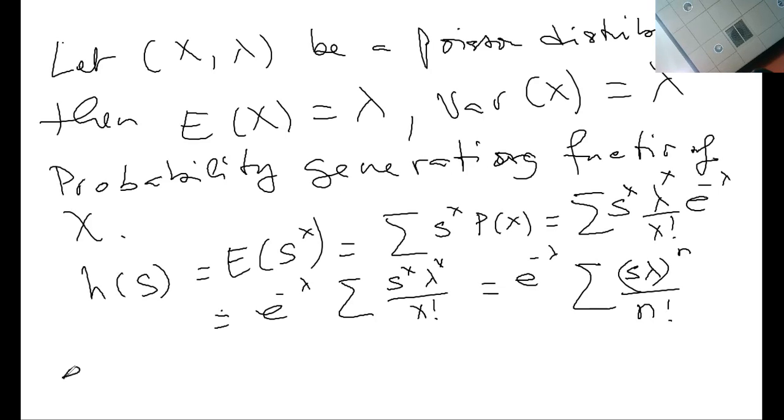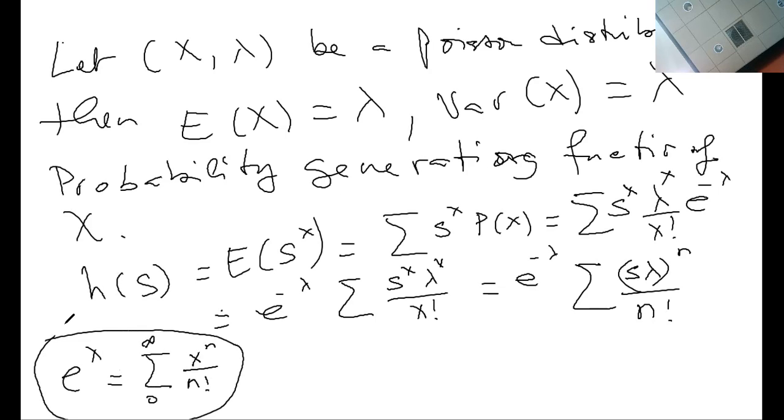Remember that we say that e to the x is the sum of x to the n over n factorial from 0 to infinity. You remember this formula for e to the x. So this is from 0 to infinity. I say x equals 0, 1, 2 up to infinity. So this will be e to the minus lambda, e to the s lambda.